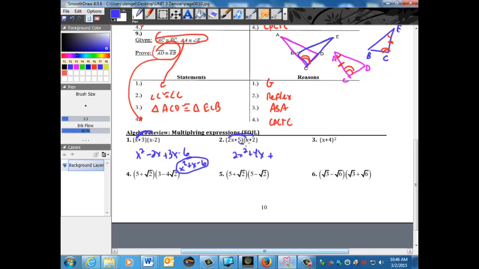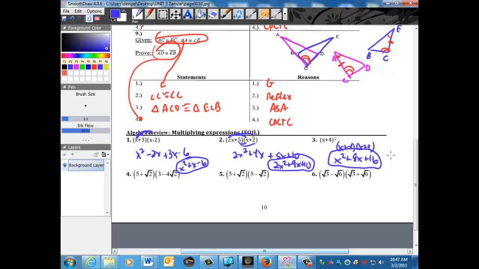And then we go underneath. That's going to give us 5x plus 10. 2x squared plus 9x plus 10. x plus 4 squared would be x plus 4 times x plus 4. x squared plus 8x plus 16.